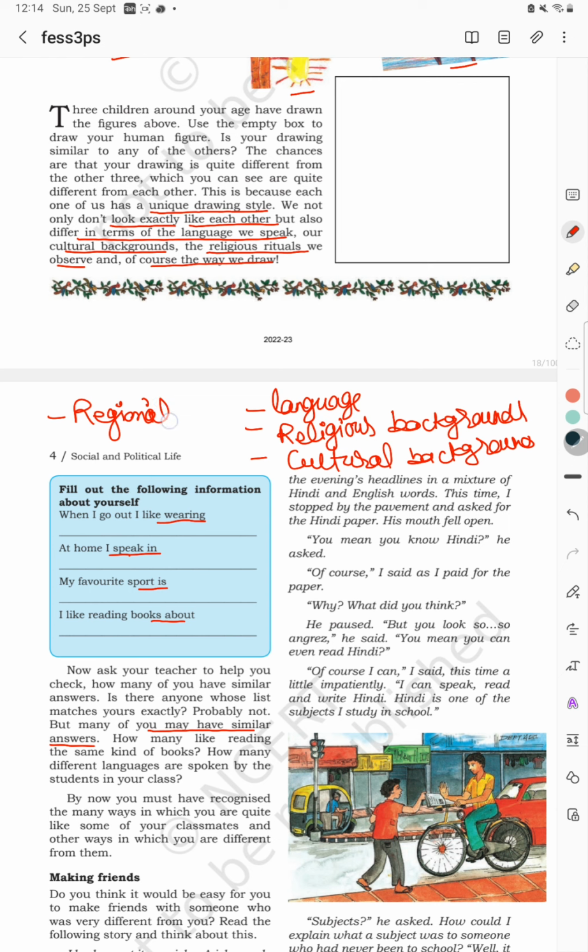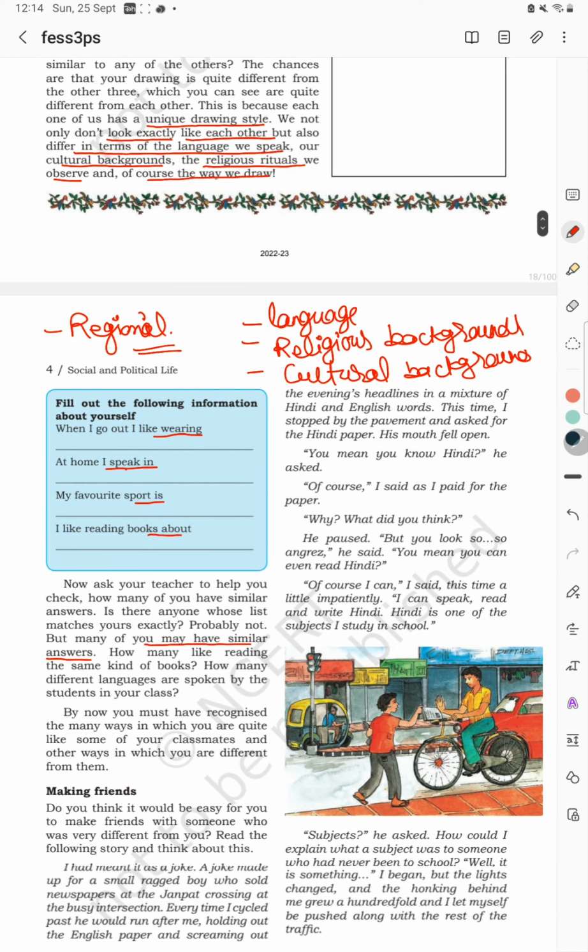So people differ from each other because of these aspects.